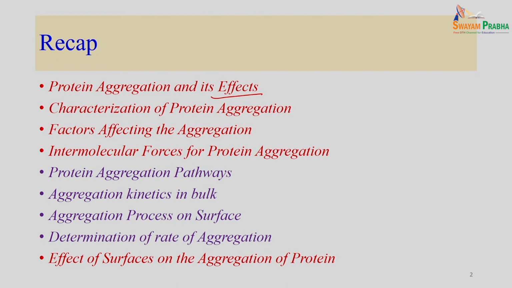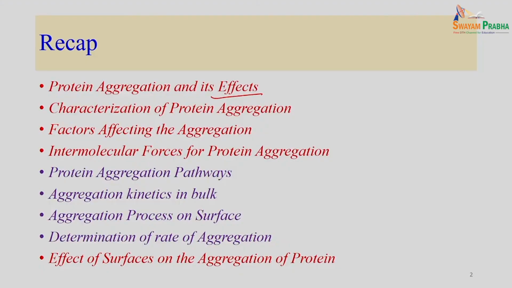In the bulk we discussed the effect of pH, temperature, ionic strength and some denaturing salts. In the presence of surface we discussed the effect of shear and the effect of adsorption. Then we discussed the different short range, long range and electrical double layer forces responsible for the aggregation of a protein.